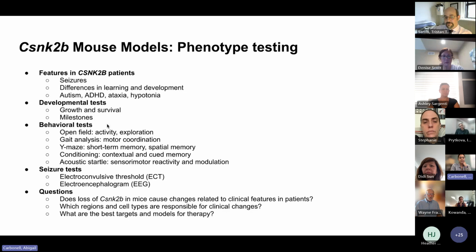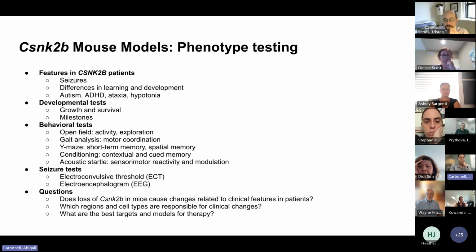Behavioral tests, we can test activity and exploration, motor coordination, which we already mentioned can be a difference or a problem with CSNK2B, as well as learning and memory, which can be analogous to intellectual disability and learning disabilities, as well as acoustic startle. Sensory motor reactivity and modulation is what's tested there.